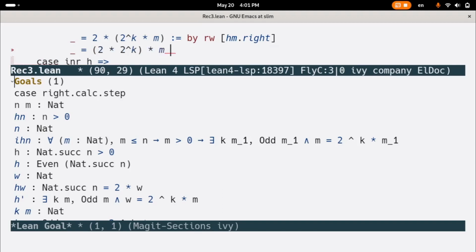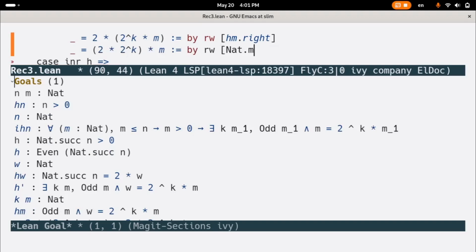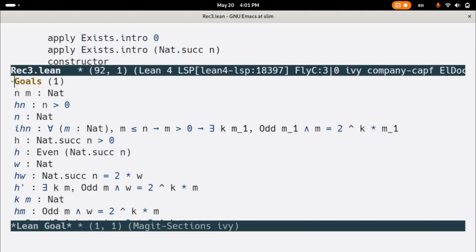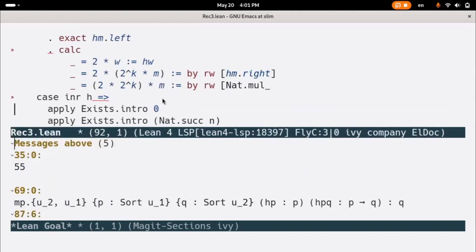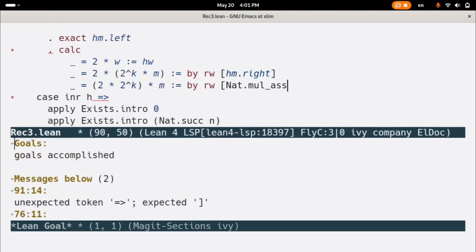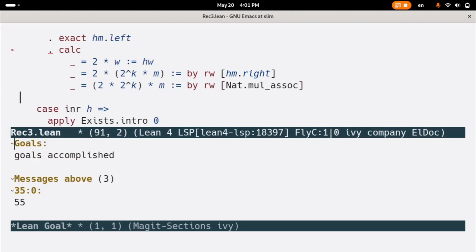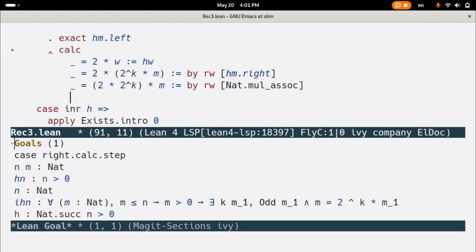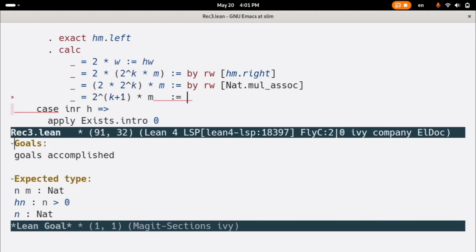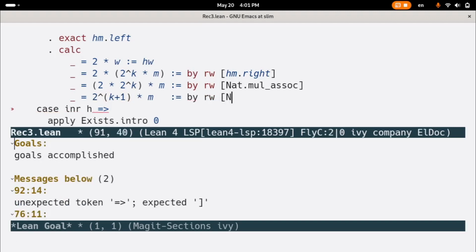And we can write this as 2 times 2 power K times M by associativity of multiplication. And finally, I can rewrite this as 2 power K plus 1 times M using the rule for multiplying powers.